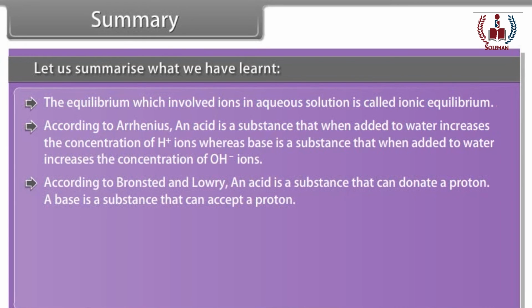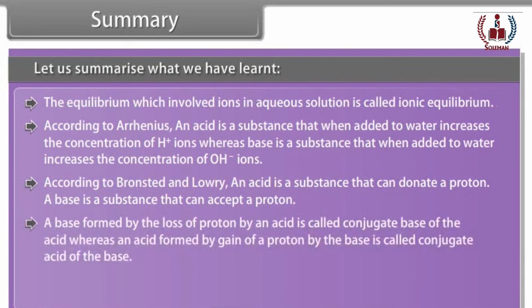According to Bronsted and Lowry, an acid is a substance that can donate a proton. A base is a substance that can accept a proton. A base formed by the loss of a proton by an acid is called the conjugate base of the acid, whereas an acid formed by gain of a proton by the base is called the conjugate acid of the base.